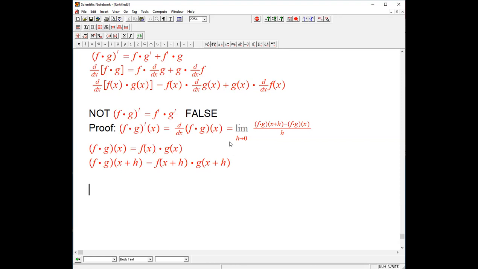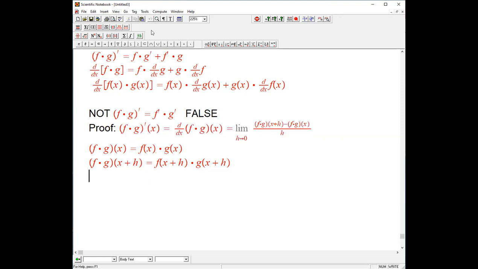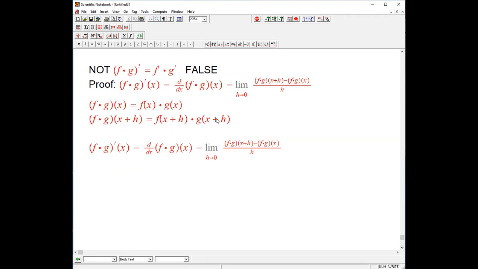Next, we're going to apply the definition. So we're going to look at this limit. I'm going to bring the whole thing along. And plugging in, we're going to do a bunch of substitution. Just be very careful.